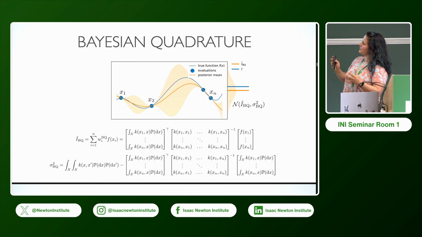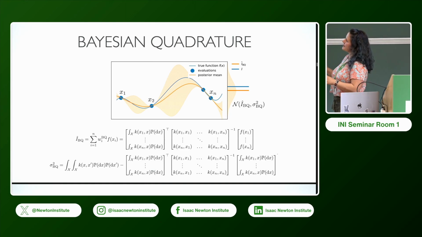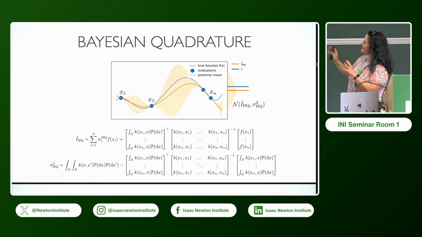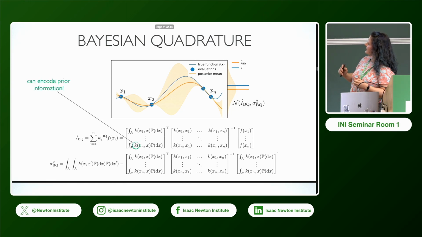And for people familiar with kernels and Gaussian processes, this is a familiar expression. If you're not super familiar with it, it will not come back. That's not super important.